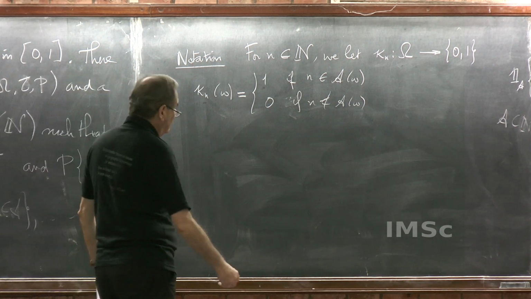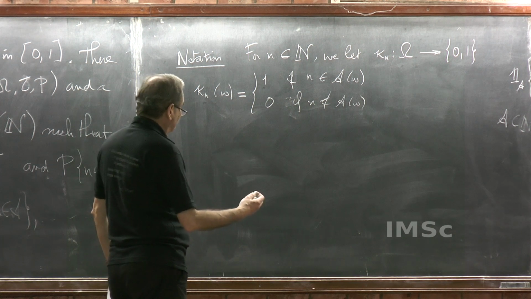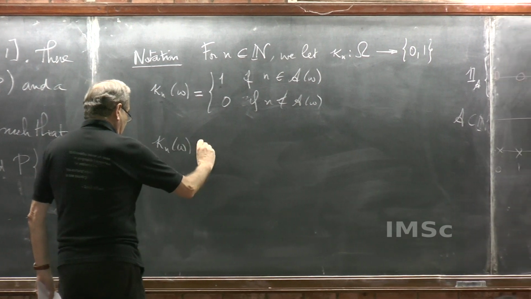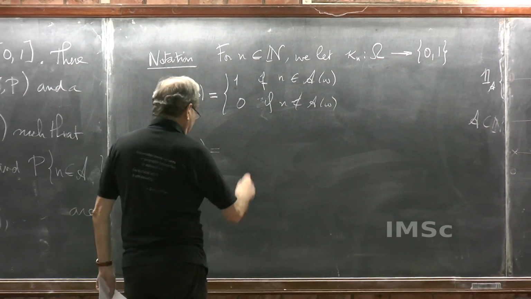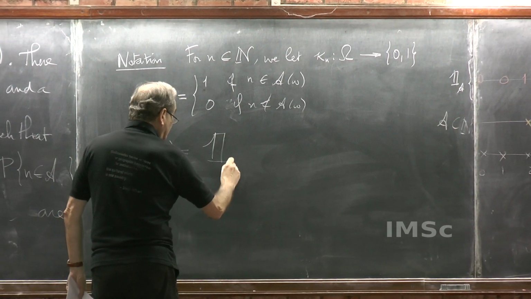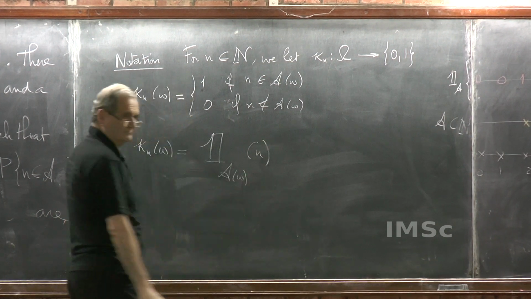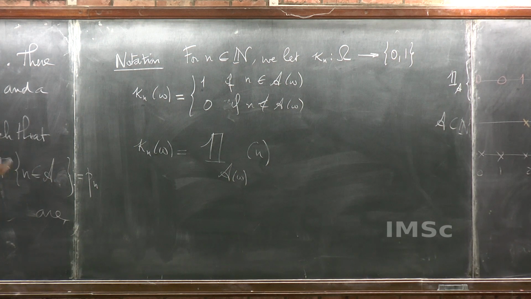So in some way, what I am saying is the following, that kn of omega is the same thing as the indicator function of A of omega at the point n. Sort of dual function of that. Okay?